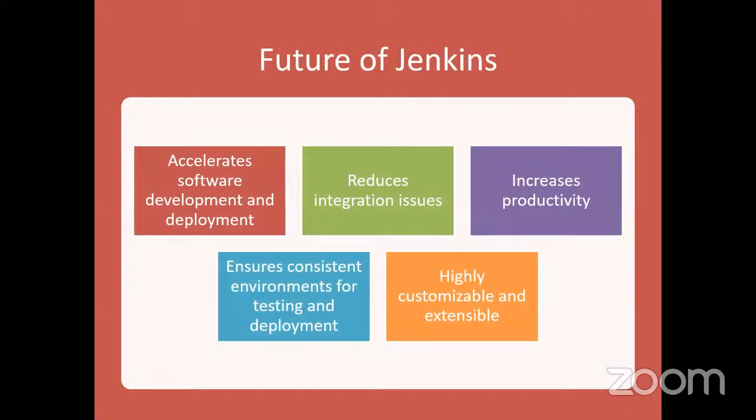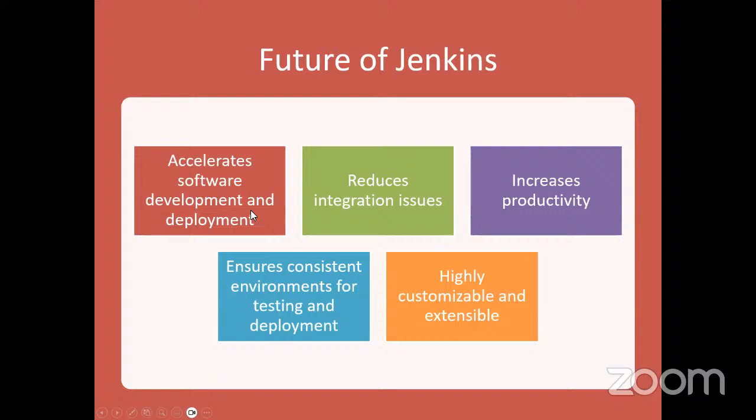So let's see the future of Jenkins. Accelerate software development and deployment process. As we saw earlier as well, it will accelerate software development, because the developer does not have to worry about the things to be done. They just have to do their work and push their changes. That's it. The rest of the things are taken care of by Jenkins.